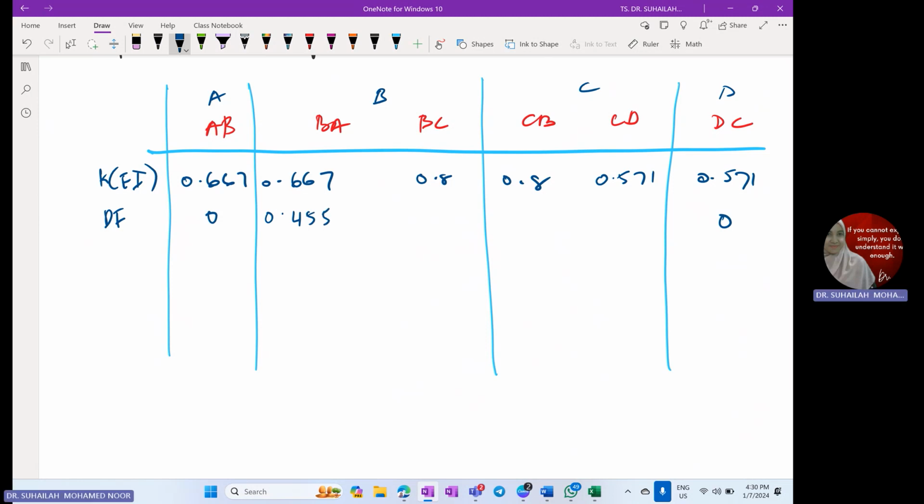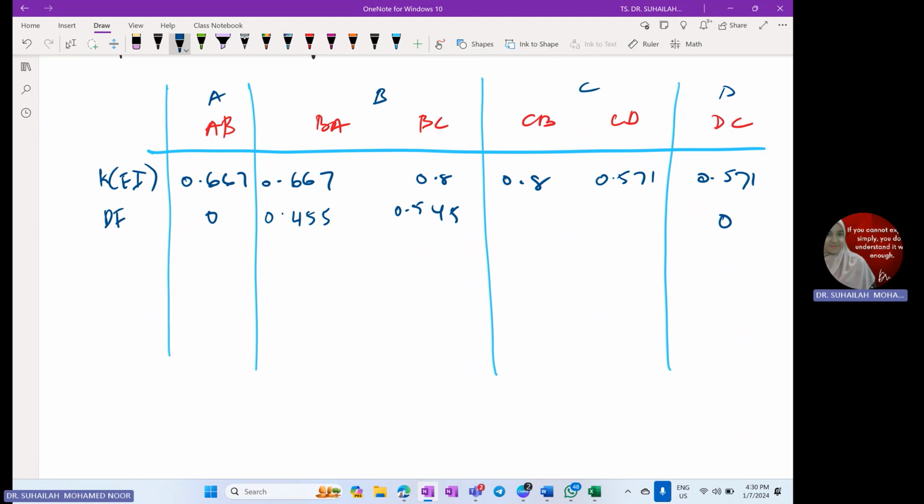We subtract from 1, and we get the other one equal to 0.545.